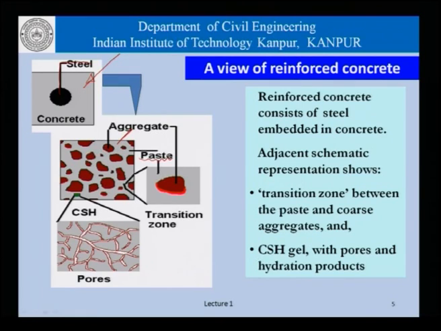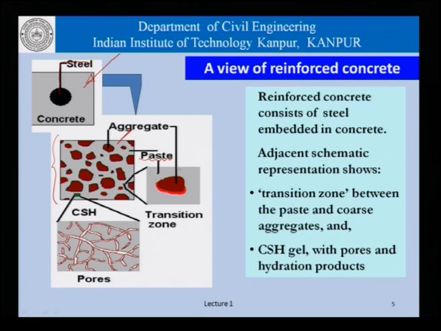Now, paste is used loosely here because actually it is mortar if this aggregate is coarse aggregate, and if it is fine aggregate which is sand, then this diagram refers to mortar, and then indeed sand particles are embedded in cement paste.